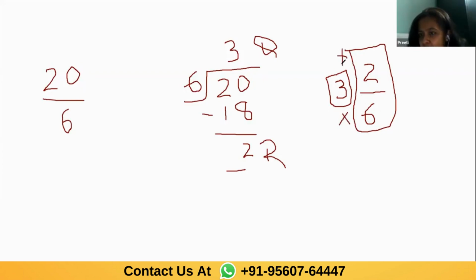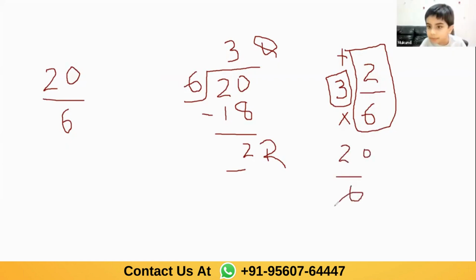Add numerator to it. 20. 20 upon 6, back to what my original improper fraction was. Only improper fraction can be changed to a mixed number, or mixed number can be changed to an improper fraction. You cannot do this with a proper fraction.